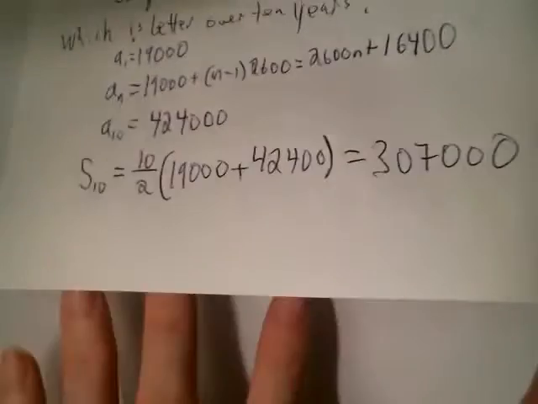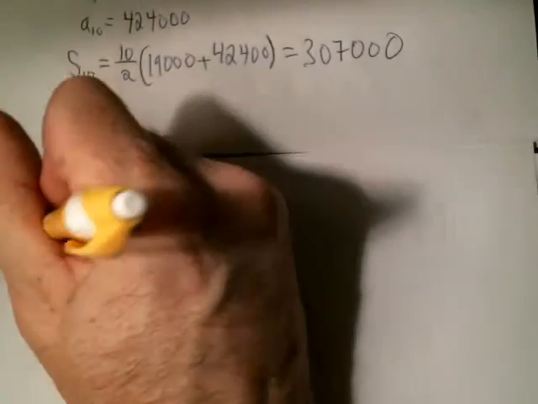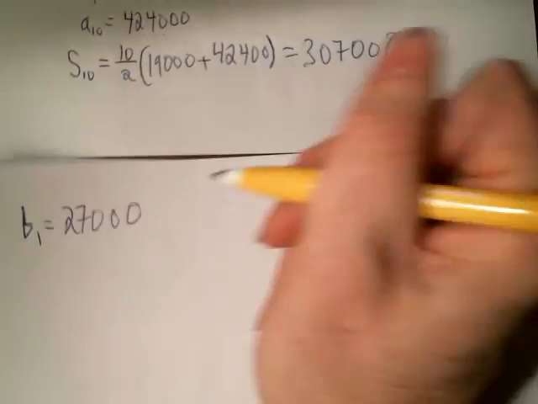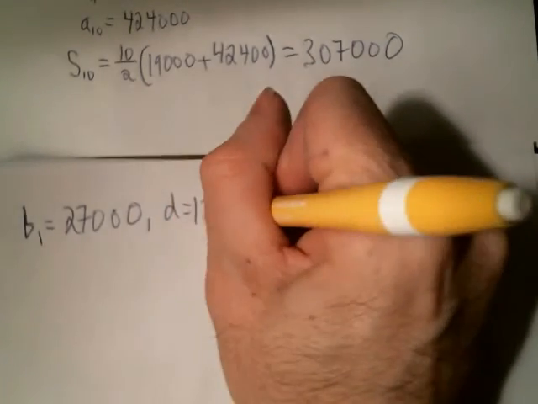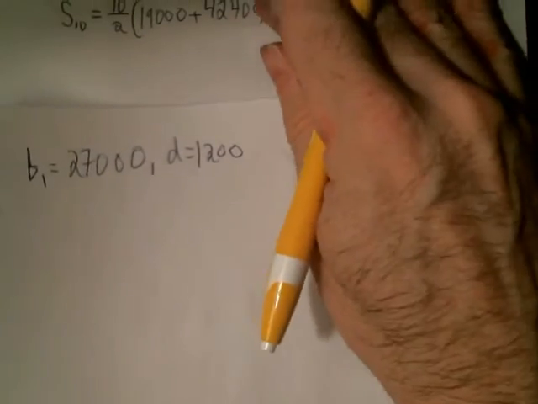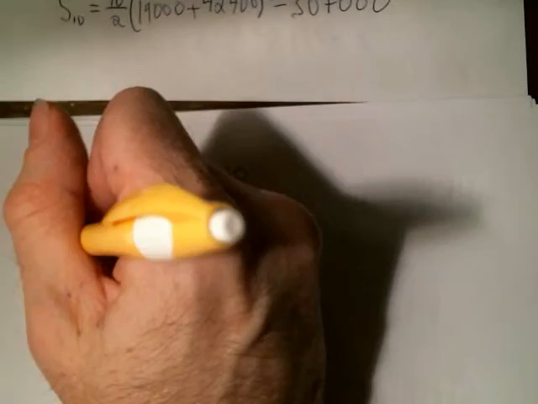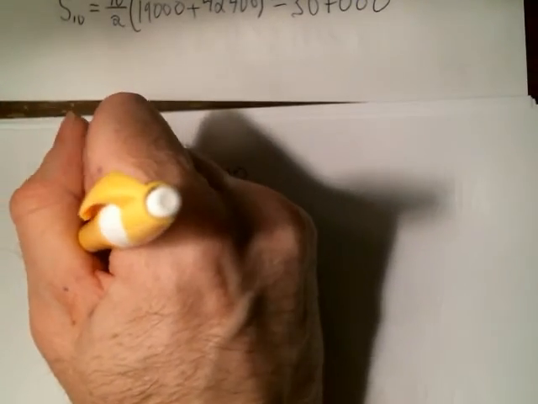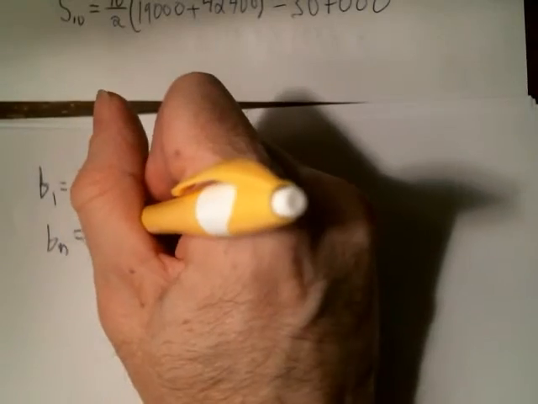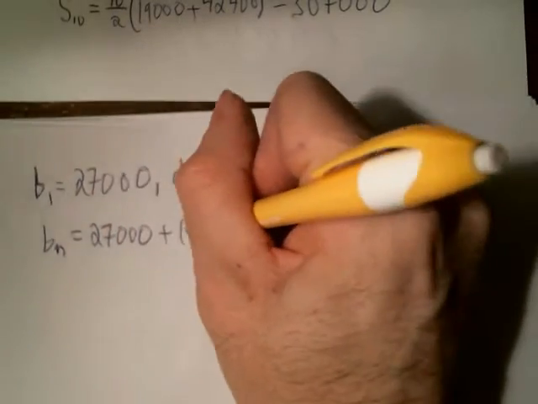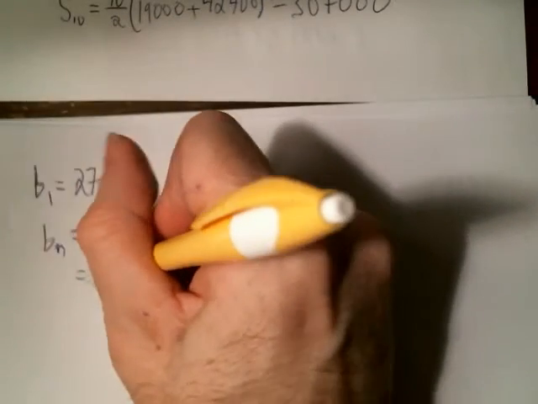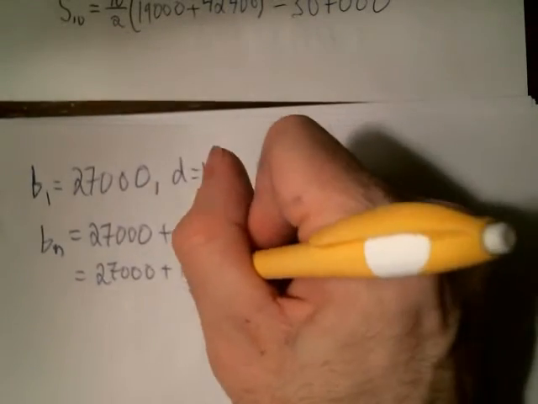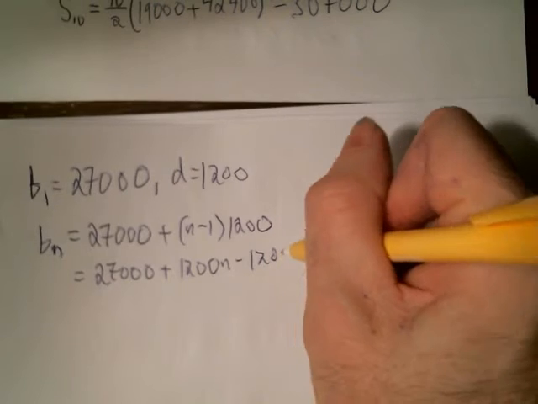Okay. Then we go and do the same thing with company B's information. So their starting salary, they said, was a little better, $27,000, a lot better. And then the raise per year was given as $1,200, so not as good as the other company, but we'll see. Okay. So we need our B sub n formula. So this will be B sub 1, 27,000 plus n minus 1 times 1,200. Okay, so that's 27,000 plus 1,200n minus 1,200.